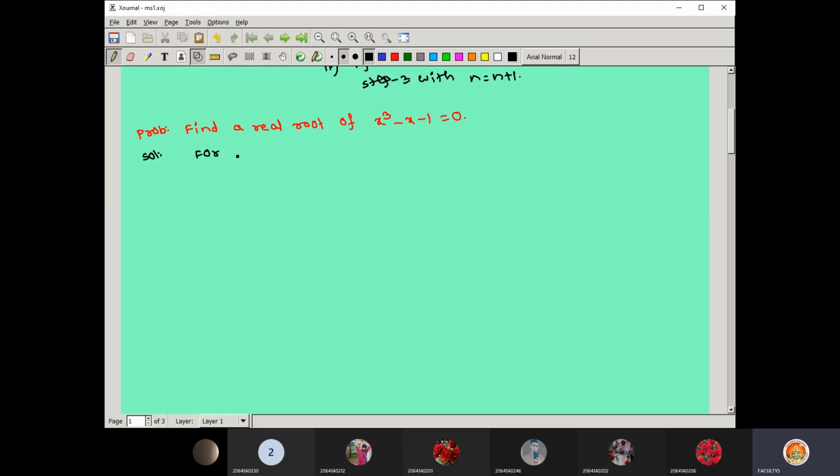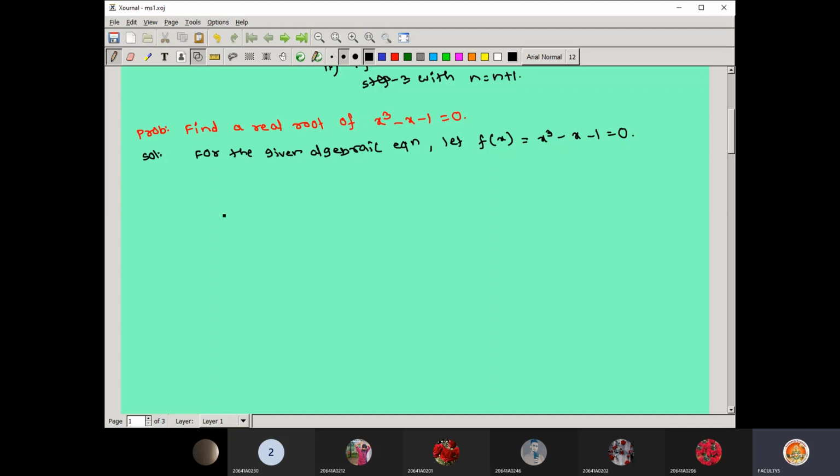So better you write down: for the given algebraic equation, let f of x equal to x cube minus x minus 1, equated to 0. So this is one algebraic equation.